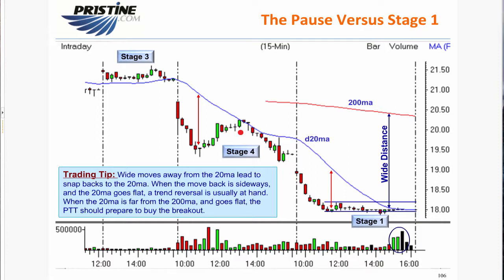You get a nice move to the downside, and then here you see price going sideways. And again, one of the clues, without looking at the larger time frame, because looking at the larger time frame is going to be a big piece of the puzzle. So don't forget to do that.